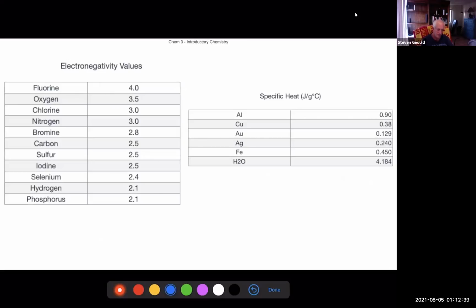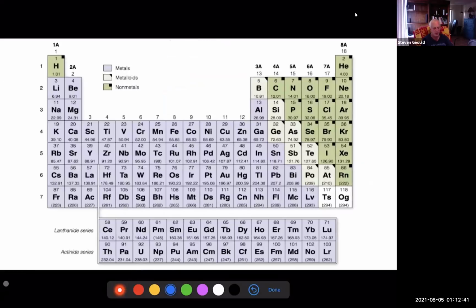In chemistry, if you look at the periodic table, this is your periodic table. A lot of information on the periodic table. This represents your different elements. That's cobalt, that's chromium, that's beryllium, hydrogen, etc. Every element is determined by the number of protons.